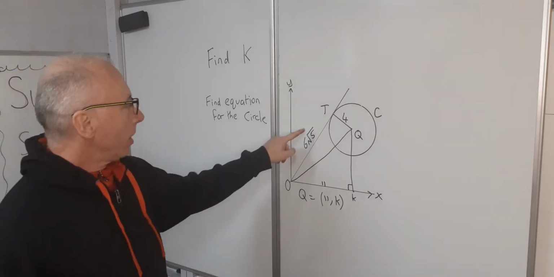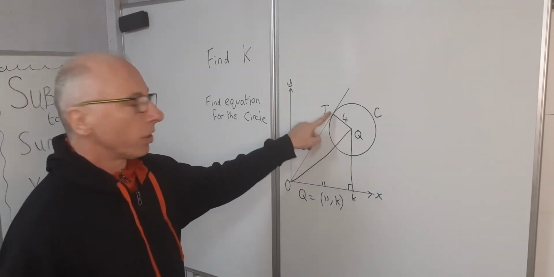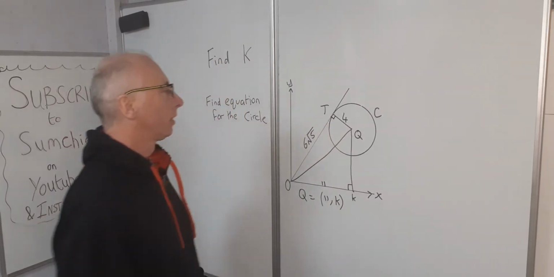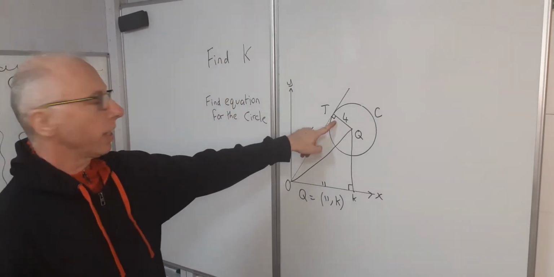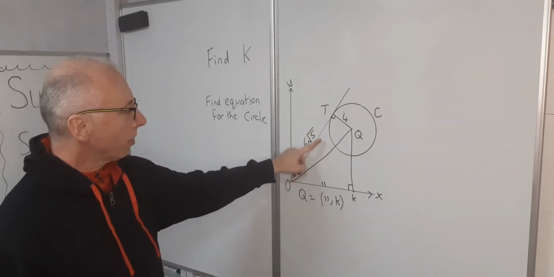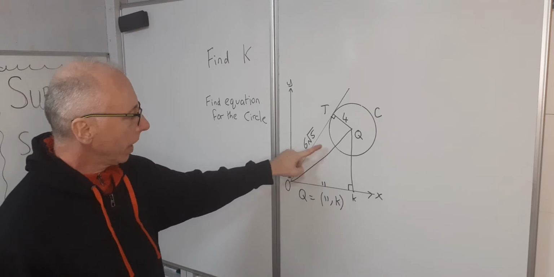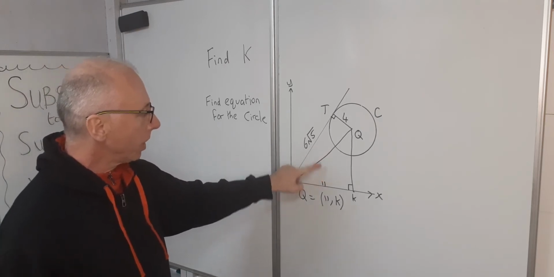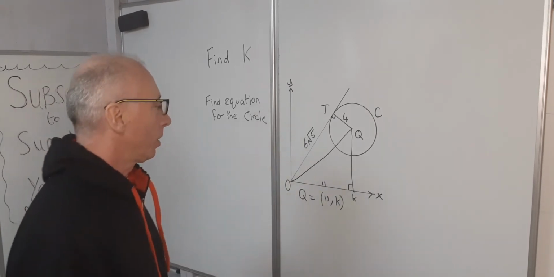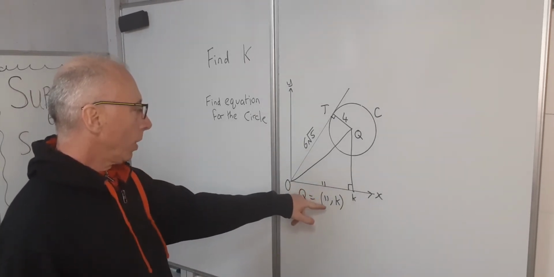But what we do know is that this line here is a tangent to the circle. So therefore, we've got a right angle here. So if this is a right angle, we know two of the sides. We can use Pythagoras' Theorem for this one, and then plug that answer in with this one and get this side. Okay, so what have we got here?